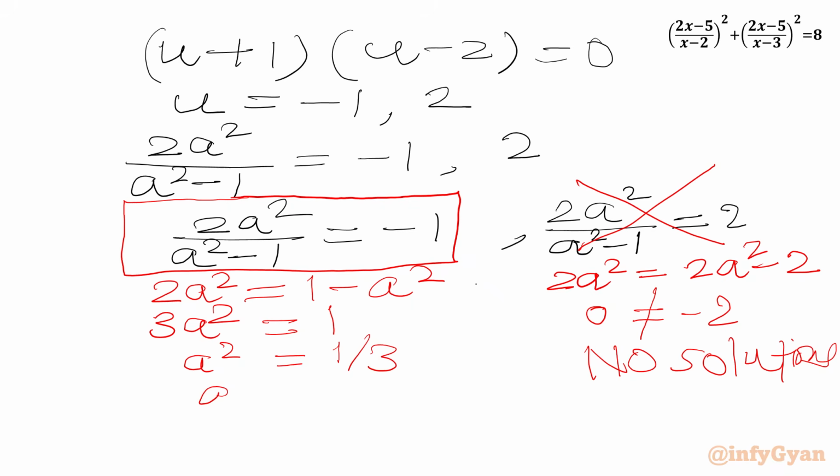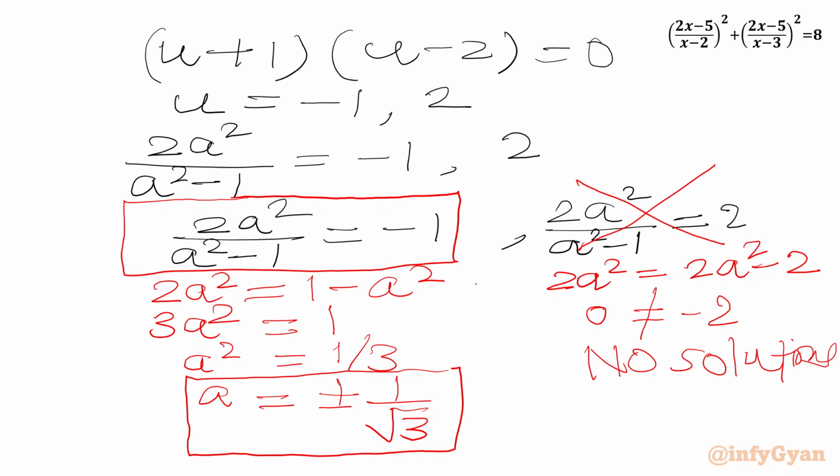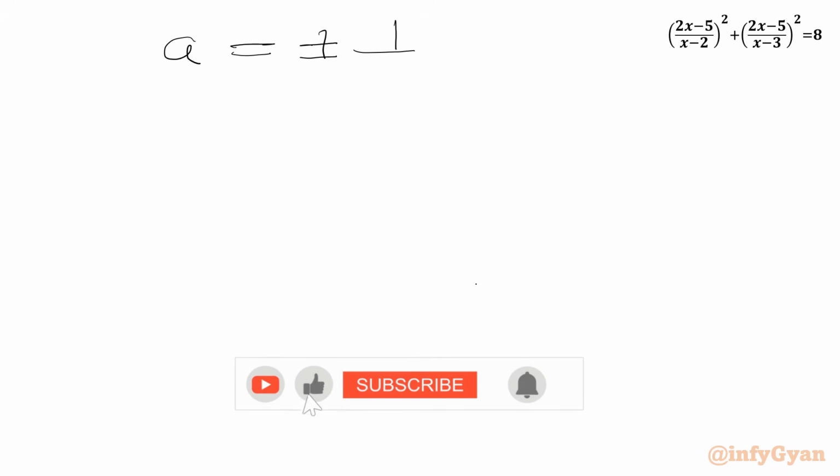We'll take a square root both sides and get a equal to plus minus 1 over square root 3. So we have two real values of a. Let me write here a is equal to plus minus 1 over square root 3.